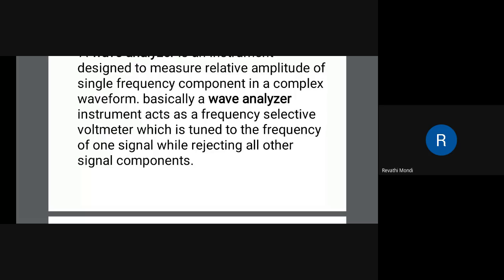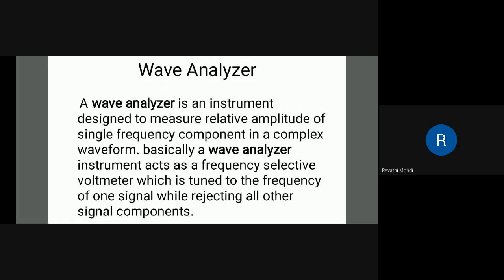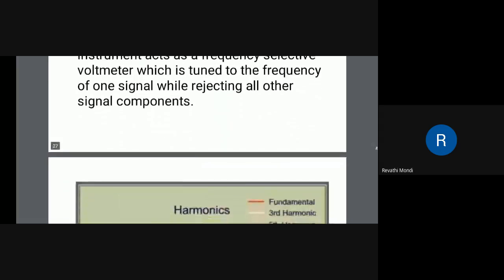So the basic concept of the wave analyzer is selecting the fixed range of frequencies and rejecting the remaining ranges of frequencies. This is the basics regarding the wave analyzer.